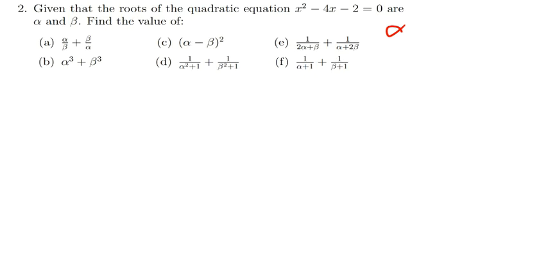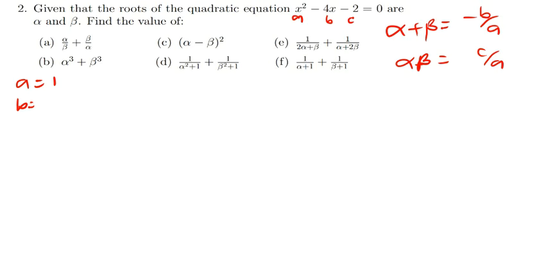So the sum, alpha plus beta, is given by negative b divided by a. Then alpha times beta, which is the product, is given by c over a. This is a, this is b, and this is c. What I mean is a is 1, b is -4, and c is -2.